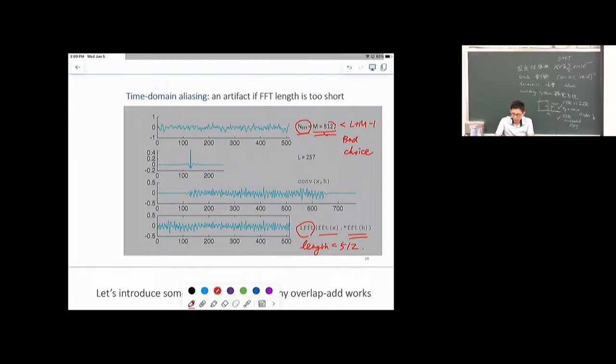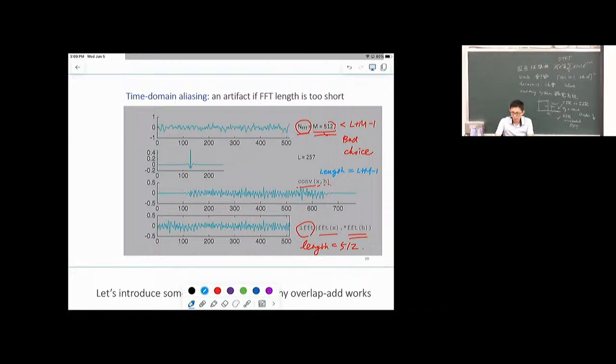The correct answer is convolution, and the correct answer for one block of output has to have a length of L plus m minus 1. So any FFT length that's smaller than that will not do the job.